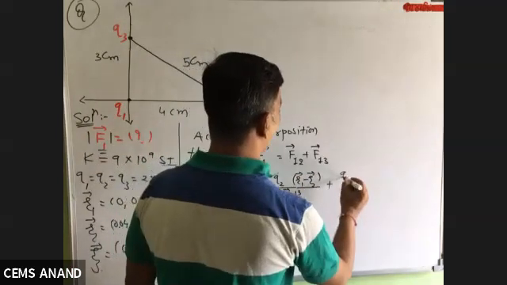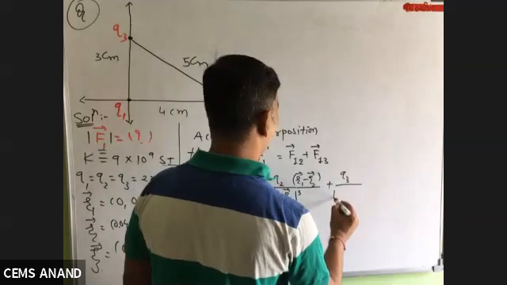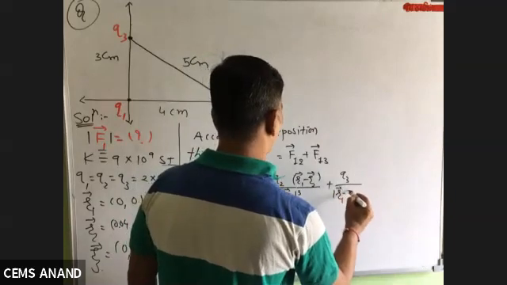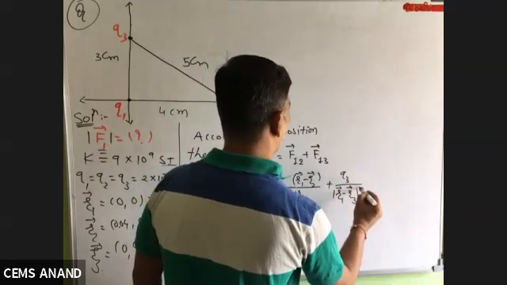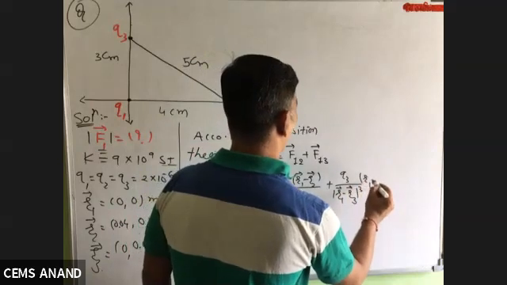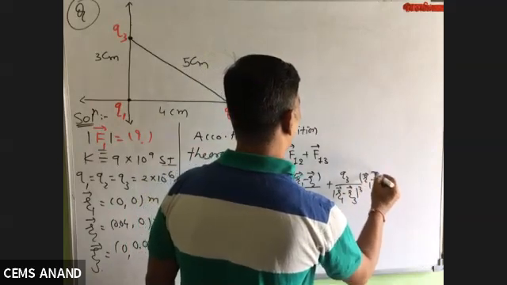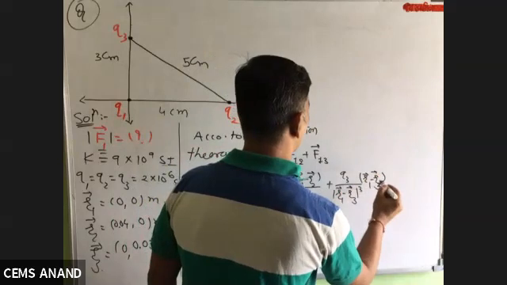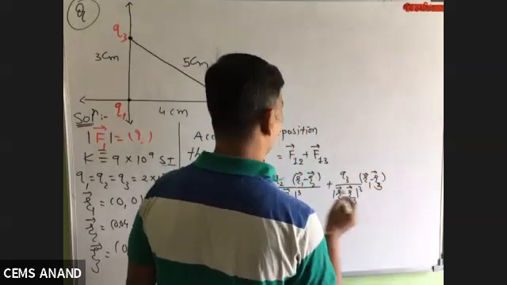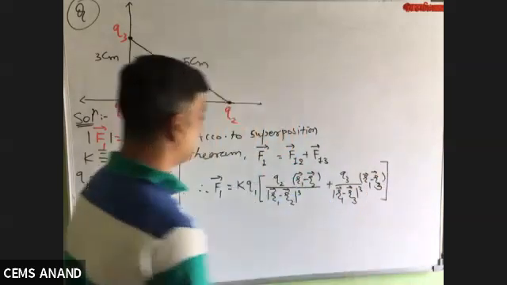And similarly, Q3 upon R1 minus R3 cube, like in the first case. So this is the formula.